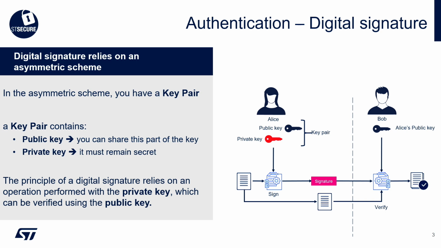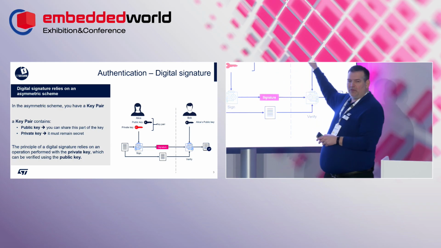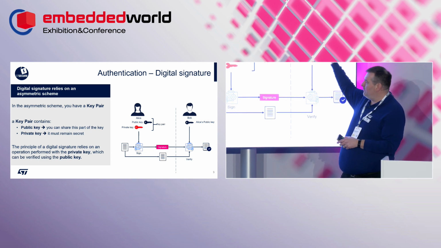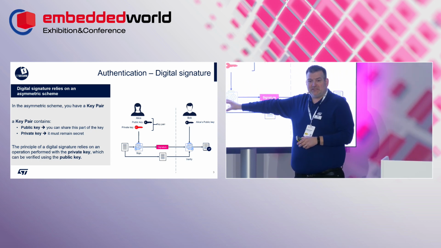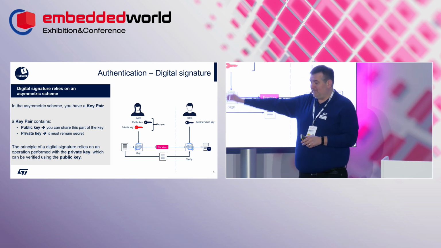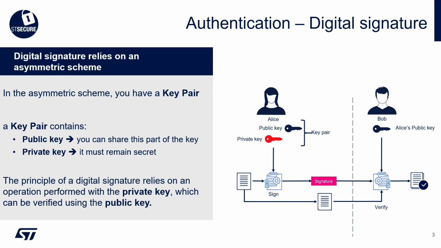So, to illustrate, if Alice wants to send a genuine document to her Bob, she will send her public key to Bob, and then she will make the digital signature thanks to the private key, and send both signature and document to Bob. And then Bob will be able to verify the signature.